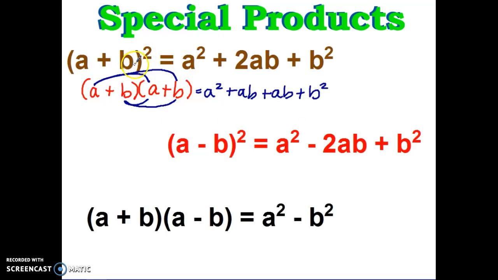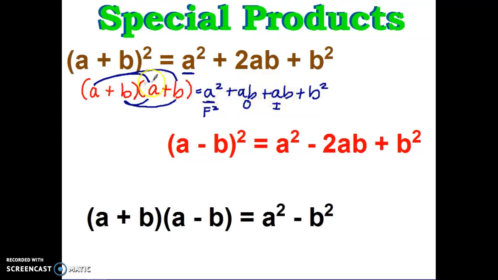So special product is basically saying this is what's going to happen every time that you square a binomial, okay? When you square a binomial, you're going to always end up having the first term squared. So we're just going to call that A squared. You're going to always combine your outer and inner terms, your OI, and it's going to be two of those.